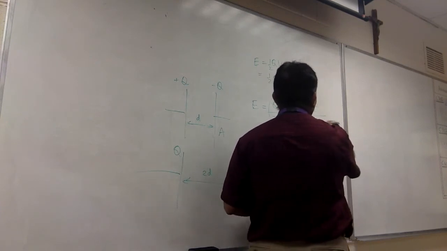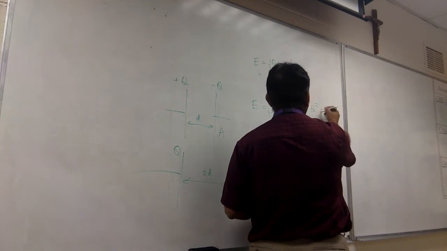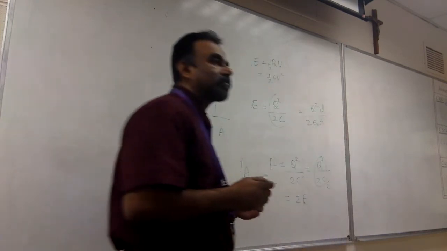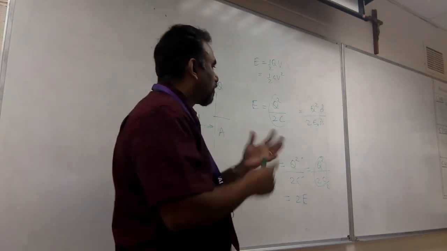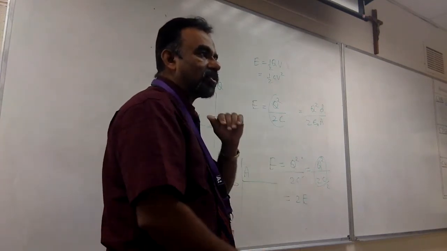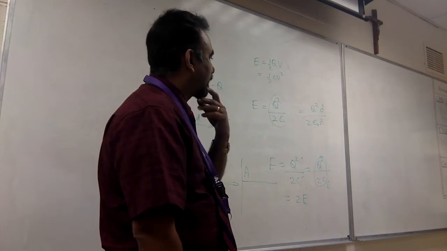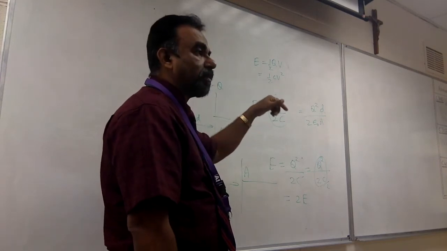It is epsilon naught area over D. So we have that equation. That is in terms of area, distance and charge. So that's the amount of work that has to be put in.